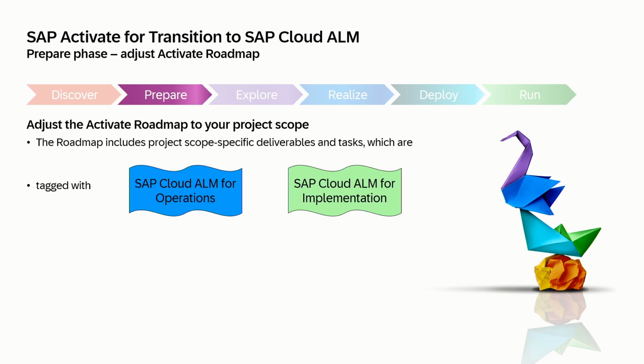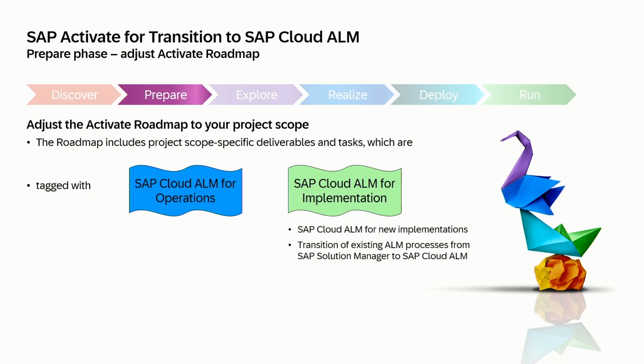And there are tasks and deliverables which are only relevant for the one or the other project type. For the implementation type, it doesn't matter if it's about using Cloud ALM for a new implementation, for a greenfield implementation, or if it's about the transition of existing ALM processes. So again, fix and enhance to SAP Cloud ALM.